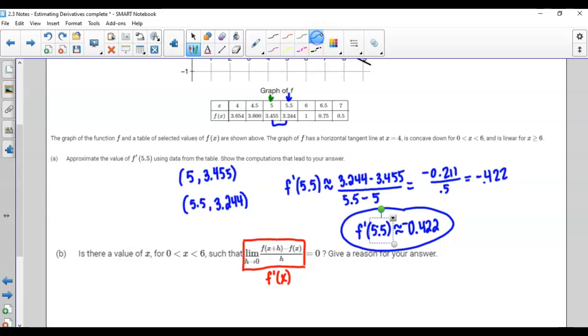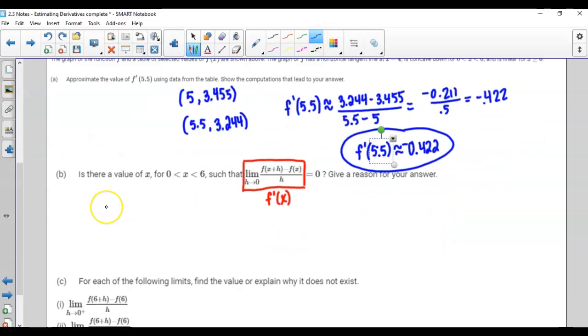First of all, I would state that f prime of x equals the limit as h approaches 0 of f of x plus h minus f of x over h, so that the reader knows that you understand that this is the derivative.